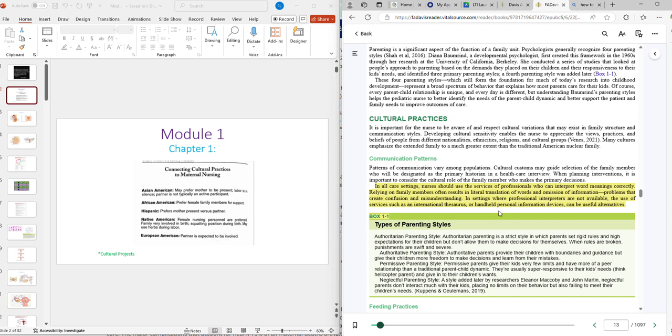Because remember, we're talking about OB and peds, right? Maternal, the maternal client and the pediatric client. So this has to do with the maternal client. Number 4, the preference for touch. And number 5, who is their support person during labor?